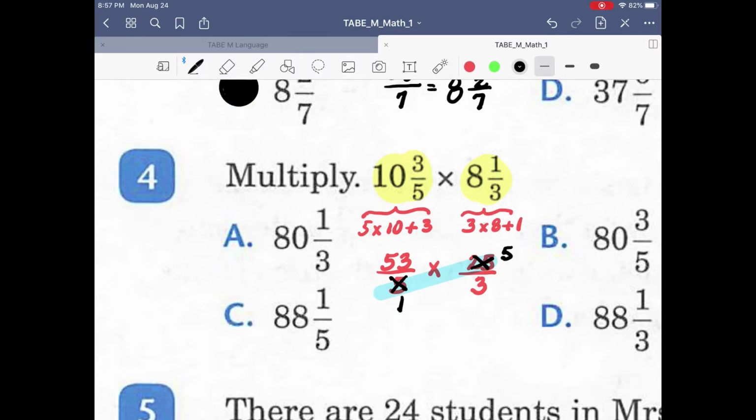So on this one, I will have to say 53 times 5. I'm going to come over here to do that. So that's 265.